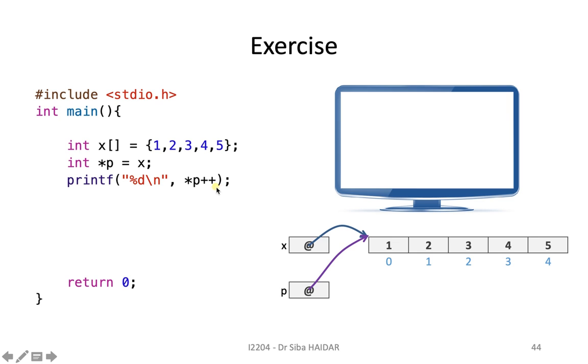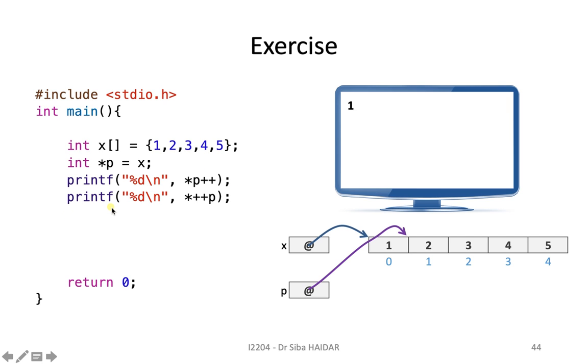This is the question. The ++ will win. The p will be post-incremented, so before the post-incrementation, we will get the value of the content of p. So 1 will be printed, and then p will be post-incremented. So we get the value and then we increment p.